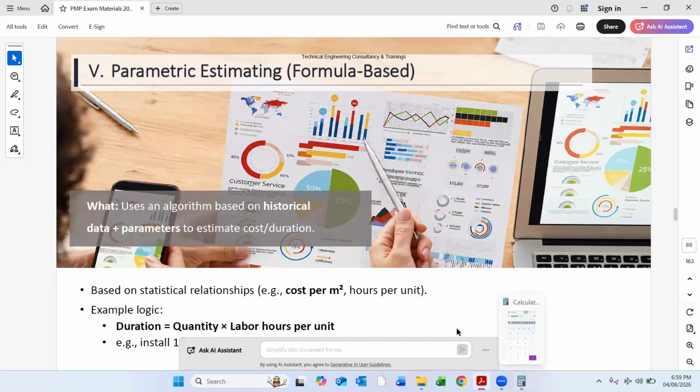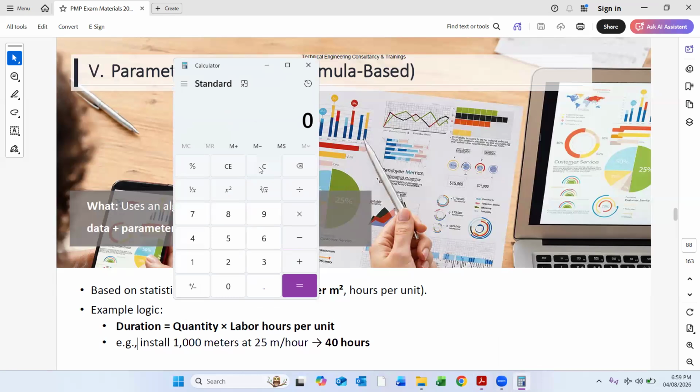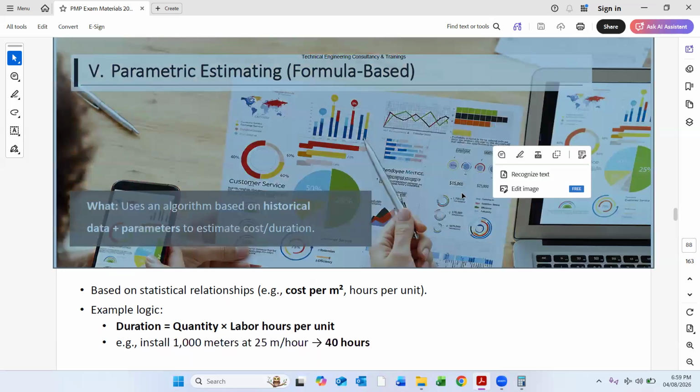Let us calculate in this way. 1000 multiplied by 25. It's 25,000. But again, quantity is 1000 meters. Labor hours per unit is 25 divided by 1000, I think.